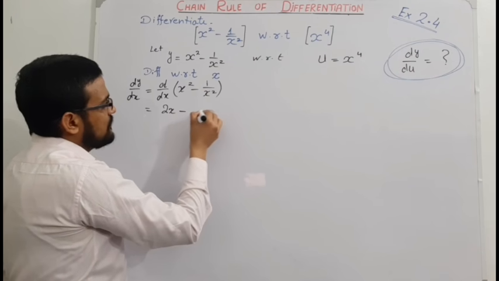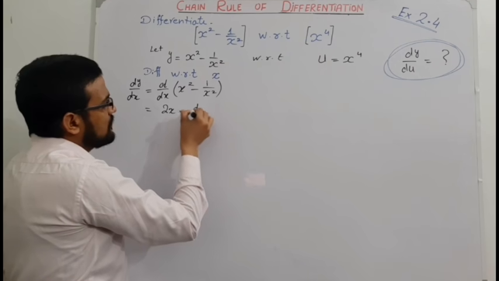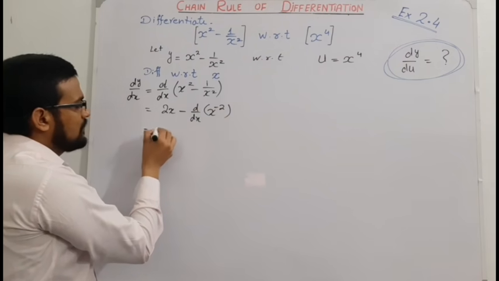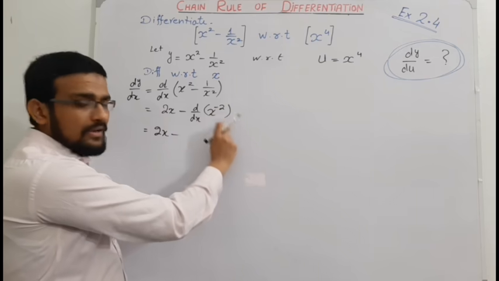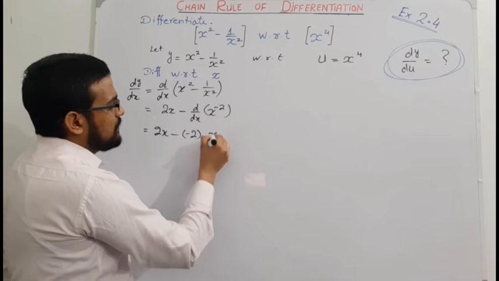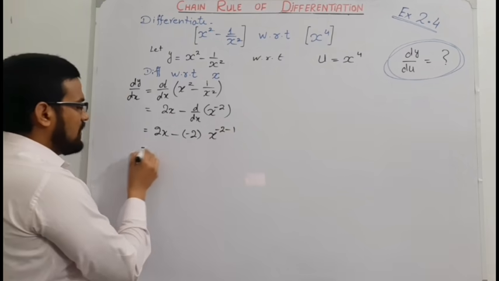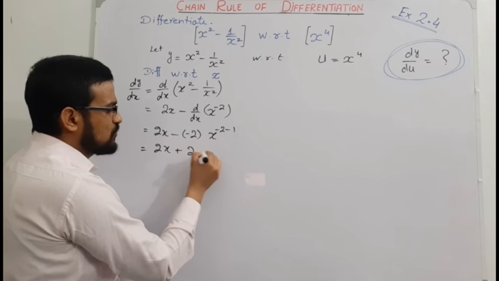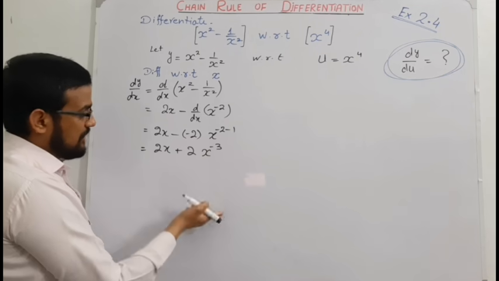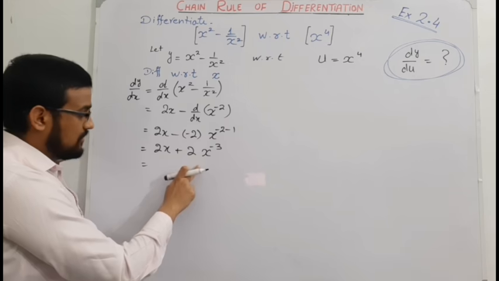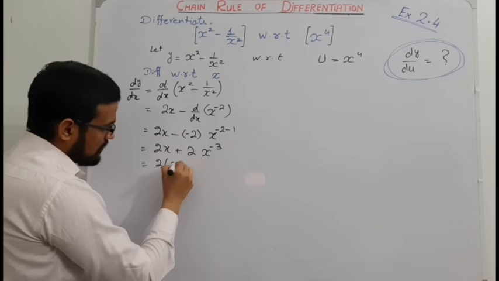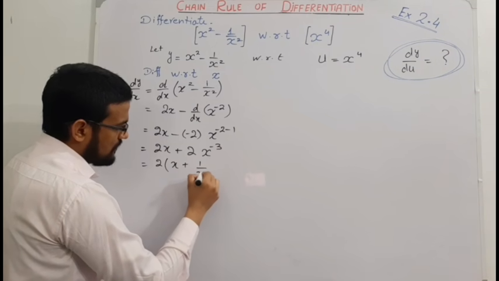So 2x minus 2 times x to the power minus 3, with the power decreasing by 1, gives 2x plus 2 x raised to power minus 3, that is 2x plus 2 over x cube.